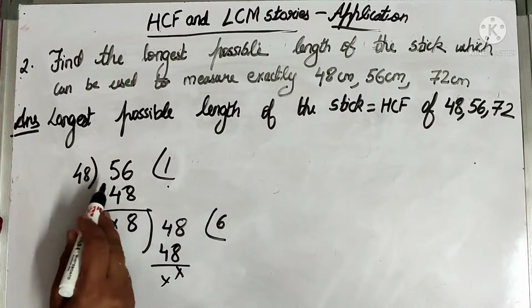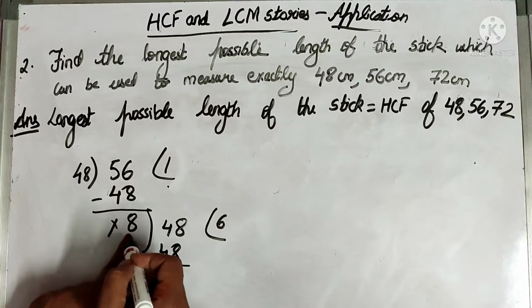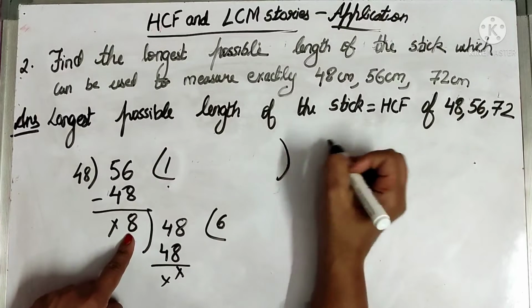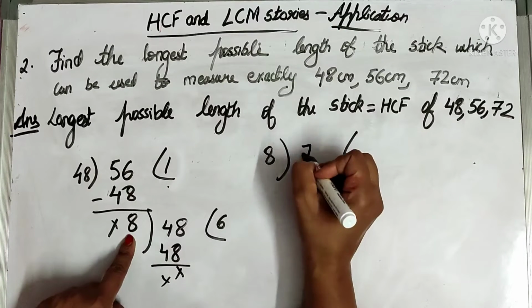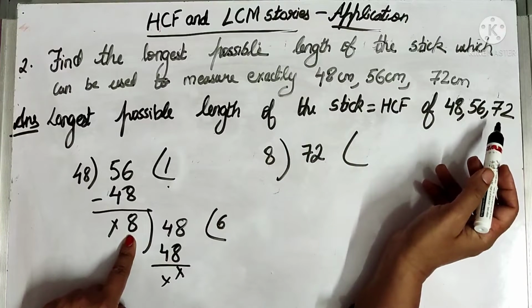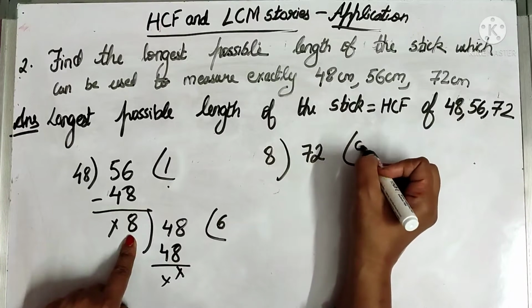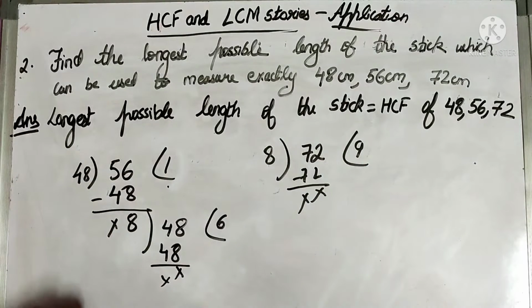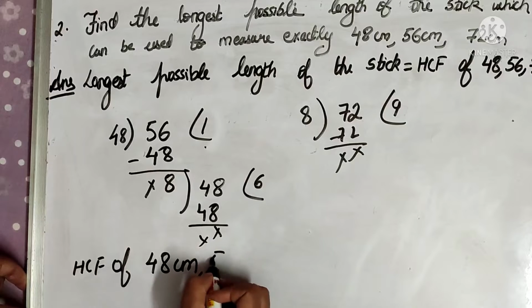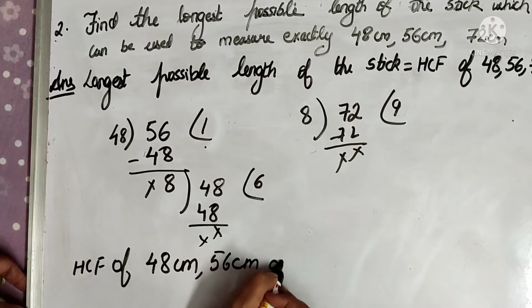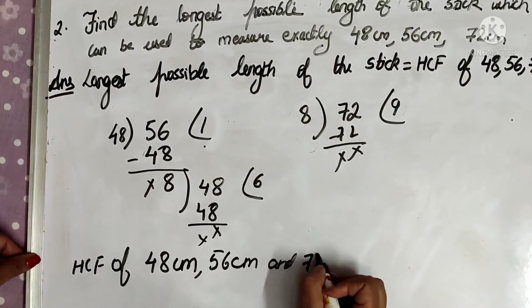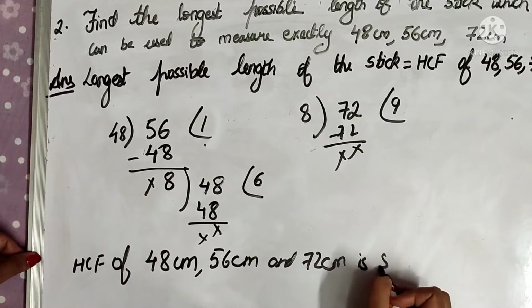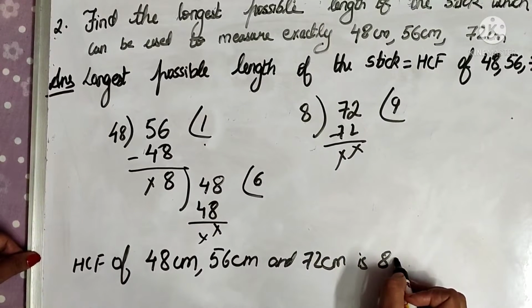Now it means the HCF of 48 and 56 is how much? 8. Now this 8 I will take as divisor, and the dividend will be the number left, that is 72. Now 8 nines are 72. So the HCF of 48 centimeter, 56 centimeter and 72 centimeter is 8 centimeter.